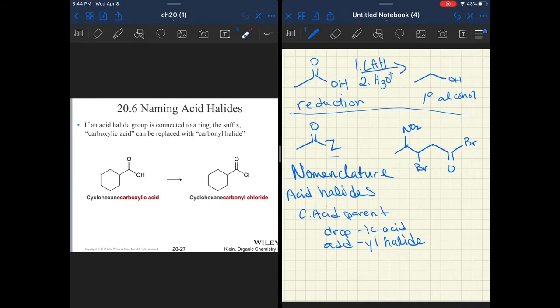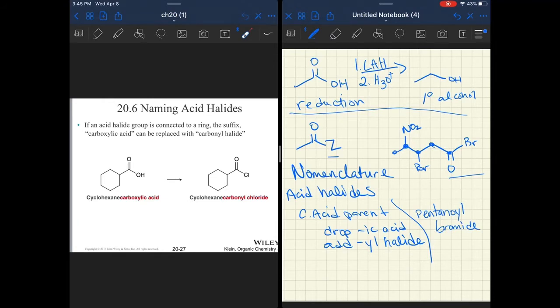All right, so if I look in here, I have a carbon chain of 1, 2, 3, 4, 5. So that's pentane. If this was a carboxylic acid, it would be pentanoic acid. So my parent becomes pentanoyl bromide. Right, I dropped the ic acid.